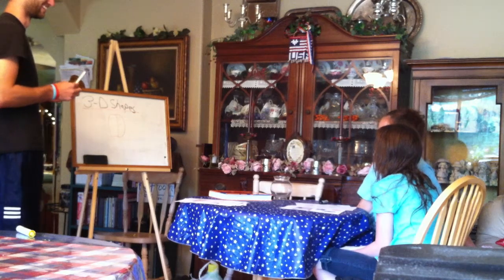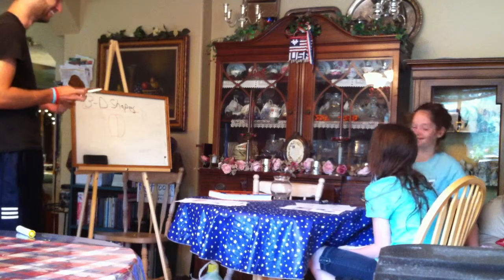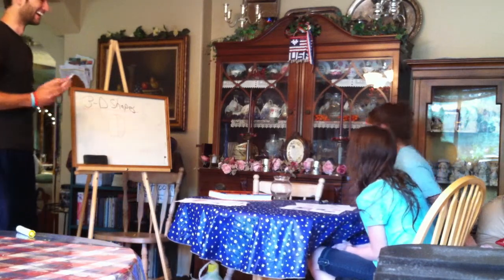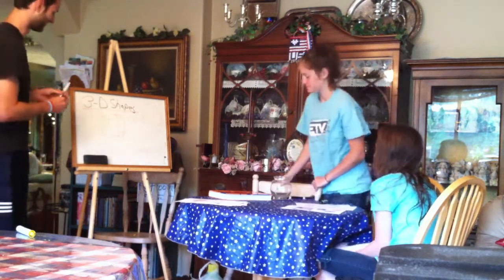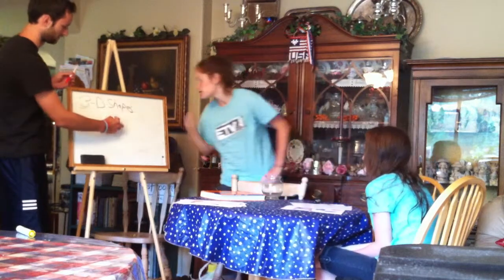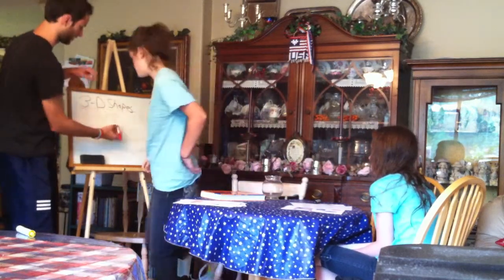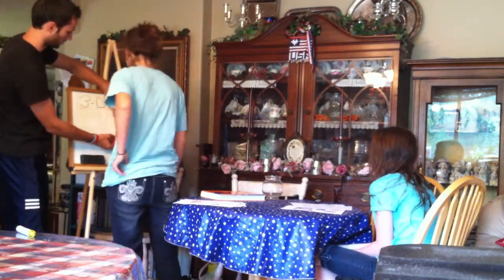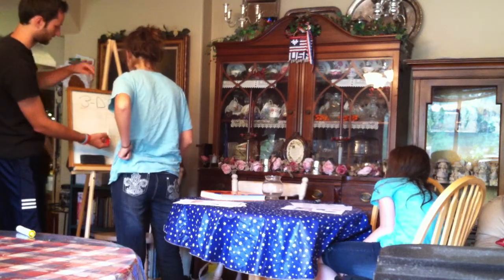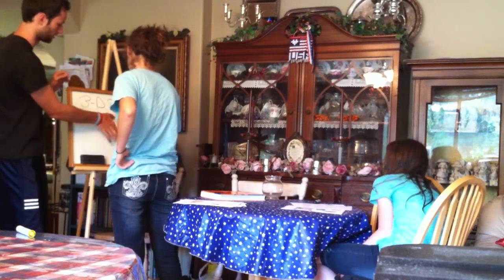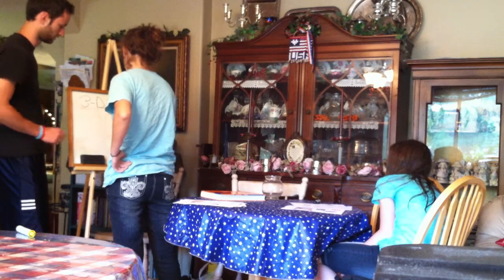Hannah? Volunteers. Come up here. So, if you pretend this is a 3D shape, and you take this middle part, and you're going to pull it back. So, can you draw this end out here?